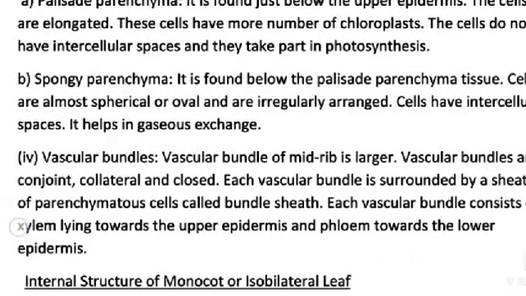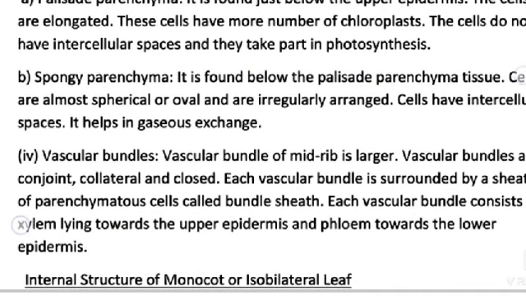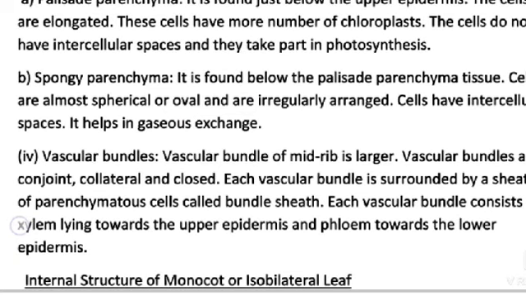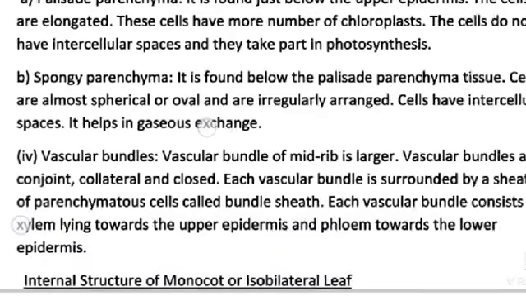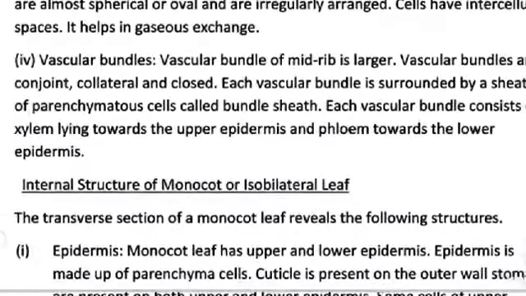Sponge parenchyma is found below the palisade parenchyma tissues. Cells are almost spherical or oval and are irregularly arranged. Cells have intercellular space. It helps in gaseous exchange. Vascular bundle: the vascular bundle of the midrib is large.